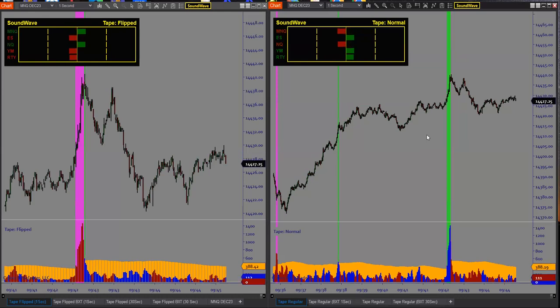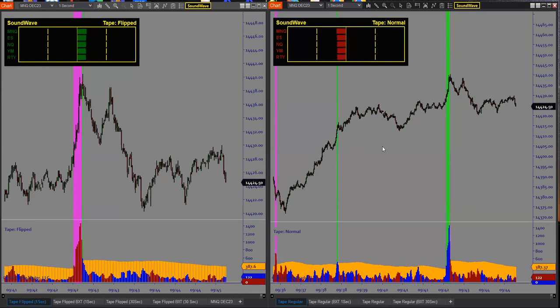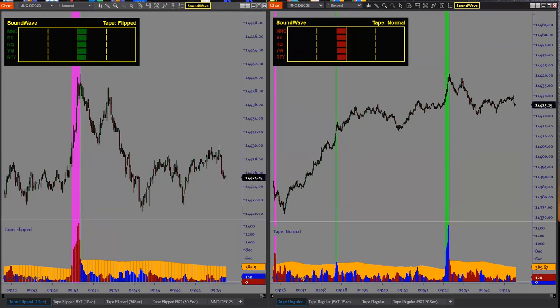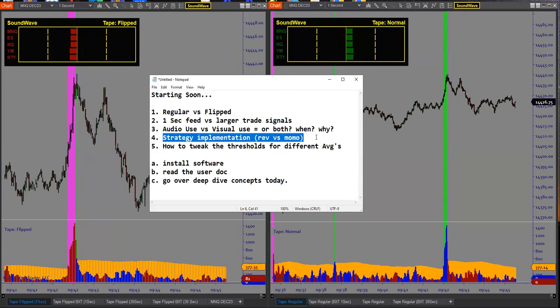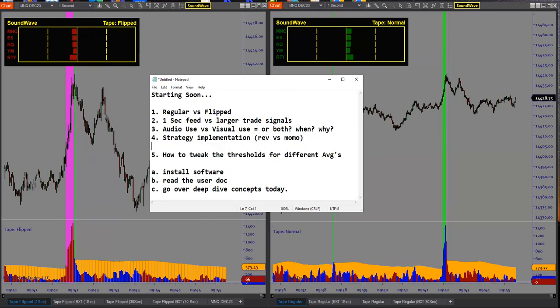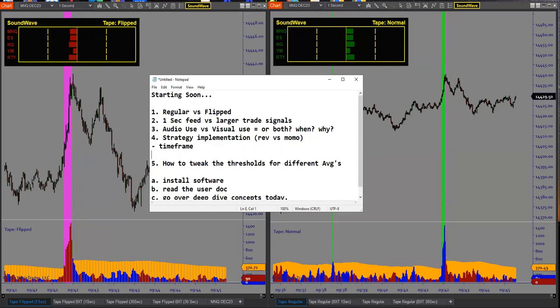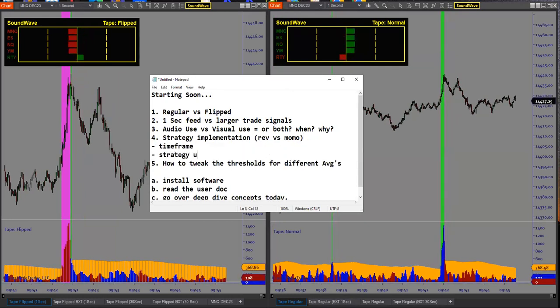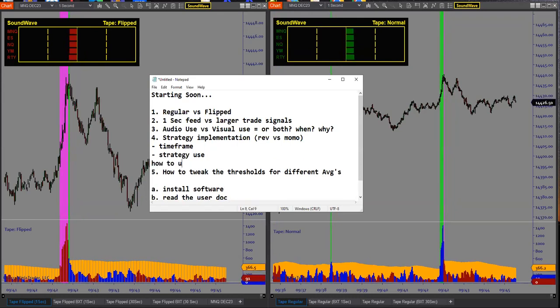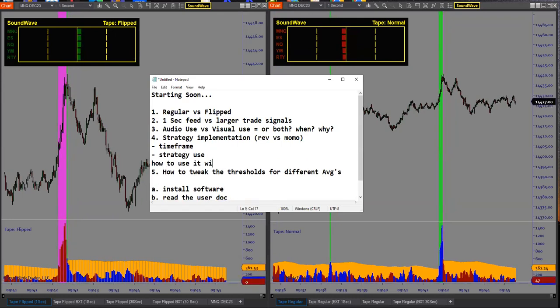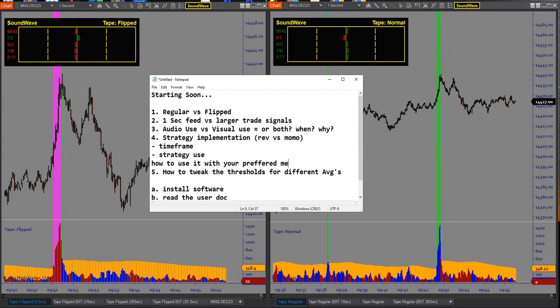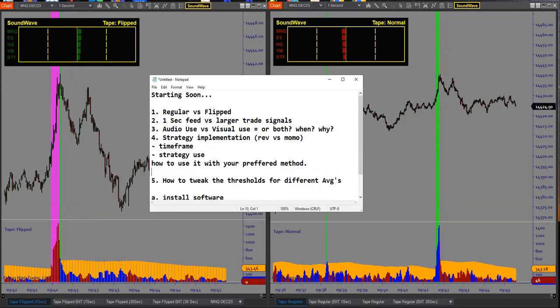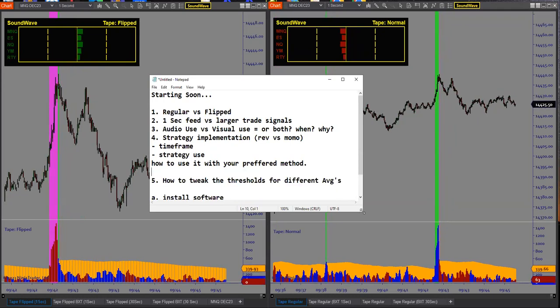I think that's one of the things a lot of traders are going to find clarity on today in this AMA, is that the use case and the strategy implementation really depends on the outlook of the time frame, the strategy used, and how to use it with your preferred method. Okay.